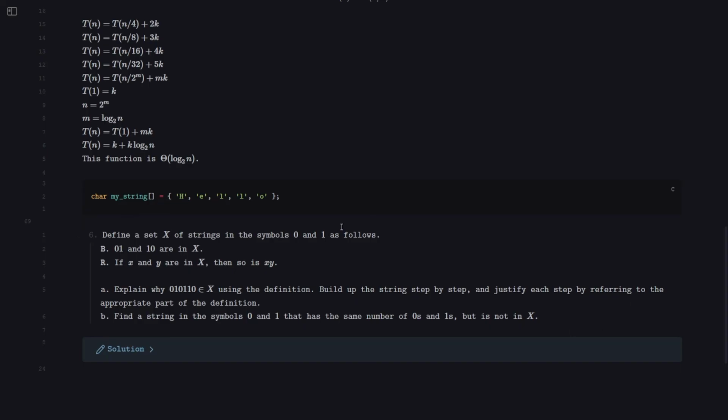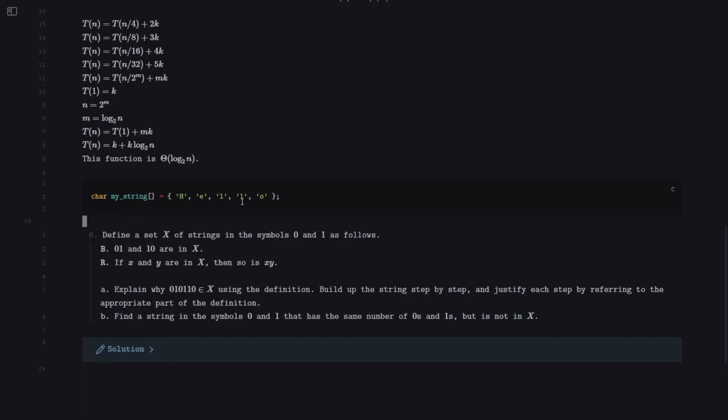So here capital H is a symbol, E is a symbol, lowercase l is a symbol, and O is also a symbol. Now a string in the symbols 0 and 1 means a string much like this one here, that is composed only of zeros and ones.